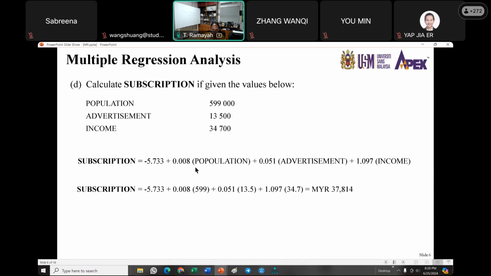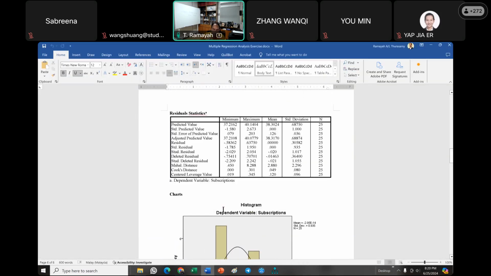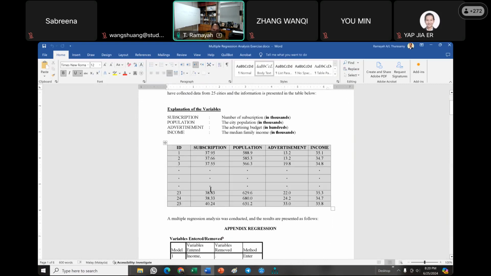Okay, how do you check is when you get the calculated value here, we can go back and check the dependent variable. If you see here, these are 37,000. Subscription is in thousands, right? So you times with 1,000. If the values are like 37,950, still okay, right?